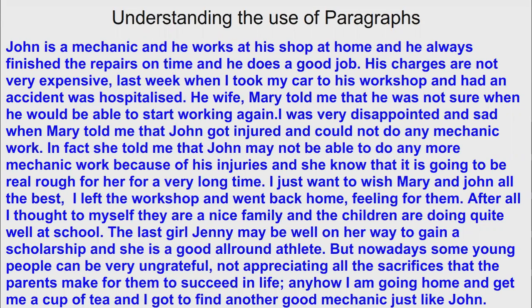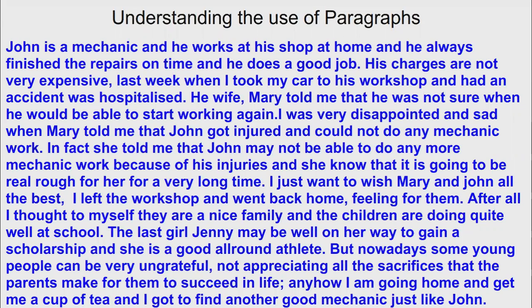And then begin the next sentence with a capital letter H. He works at his shop at home, full stop. Those are two simple sentences that convey the message to the reader without any confusion or uncertainty.